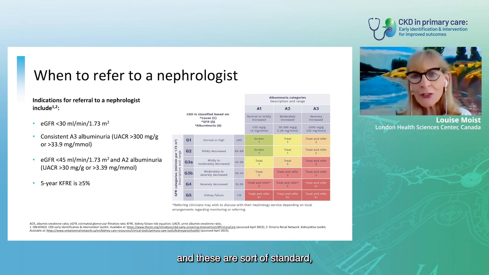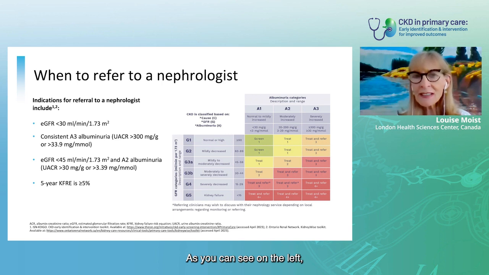And these are sort of standard. I think everyone agrees with these terms to refer to the nephrologist, the specialist, to get some consultation as to the best practice for moving forward, and also to engage with the patient.